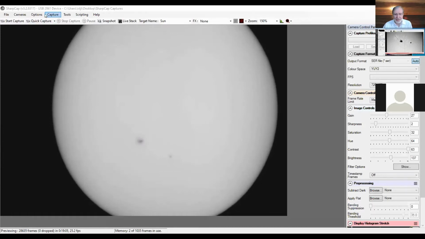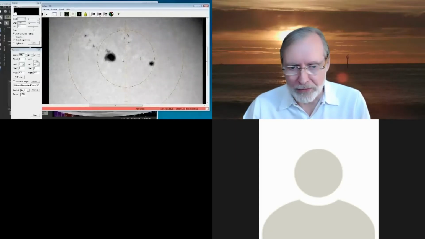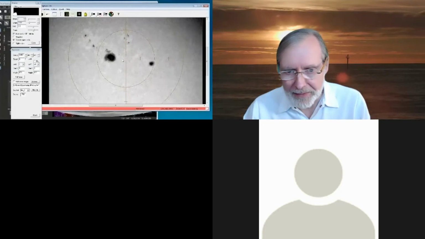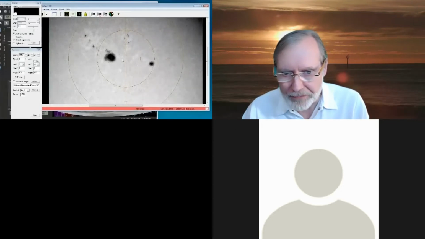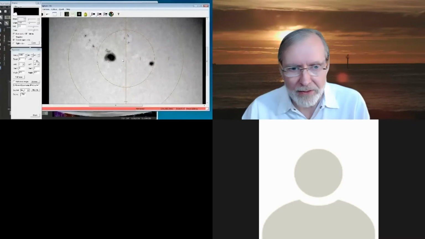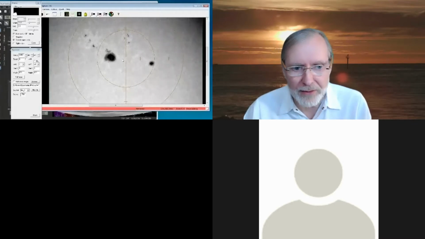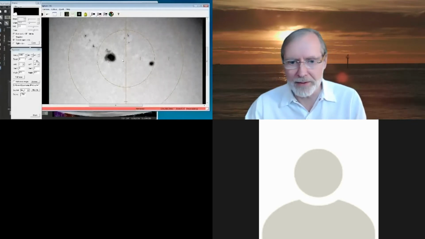Why don't we go back, and I will show some other current images while you flip over to seeing the hydrogen alpha view. So I'm going to share this window again.